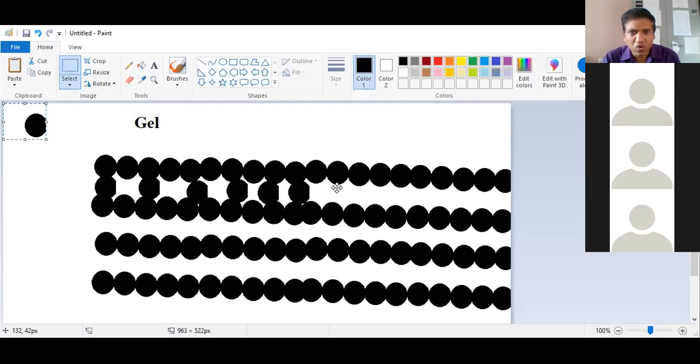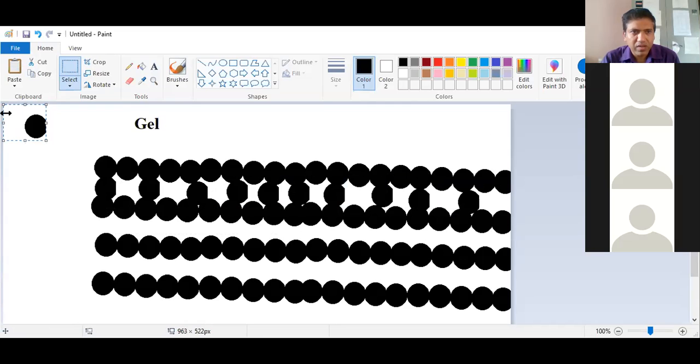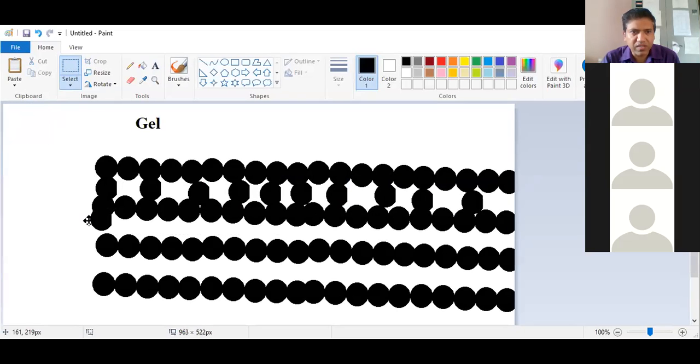So what you find is that this will make a network-like structure. This thing also will be cross-linked.